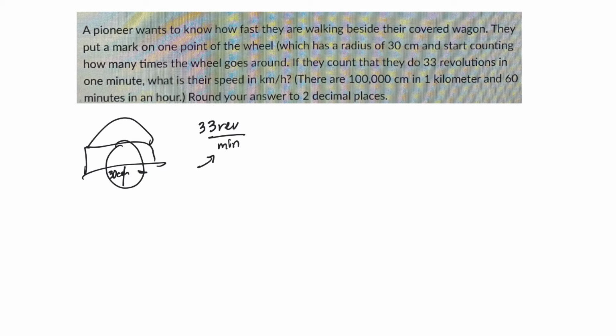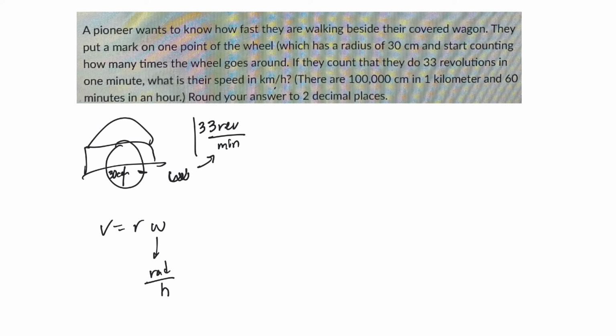Now this is an angular velocity. But for this formula, the angular velocity has to be measured in radians per given time. They're looking for kilometers per hour, so eventually I'll want to convert it to radians per hour.